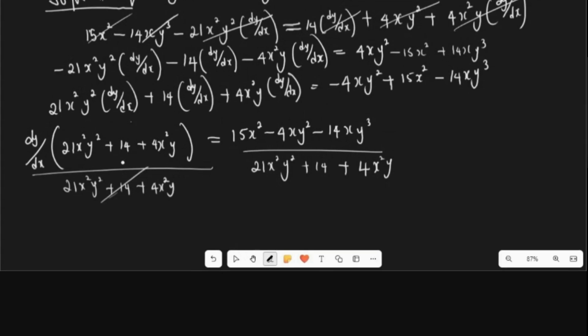So once this cancels out this, we're left with dy over dx equals, do we have any common ground here? No, we have no common ground on the bottom. So let it be. I'm not supposed to just form questions in math, but please forgive me. That's how my brain works sometimes.